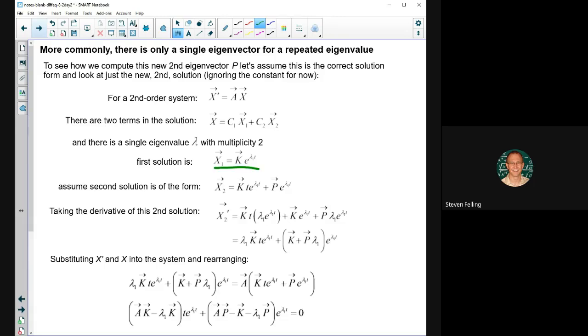All right, so let's assume that that is the form. The first solution is this form, but the second solution is this form, like that. Then we can take the derivative of this structure. If we postulate that something's in the form kt e to the lambda 1t plus p e to the lambda 1t, which was the part in the parentheses, that would be the form for the second solution.